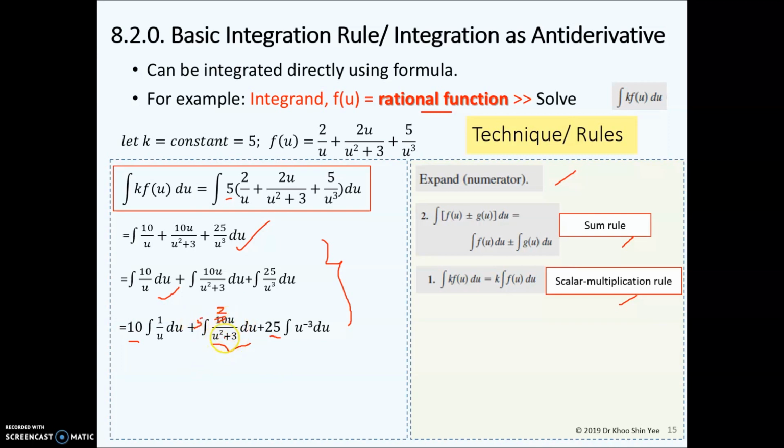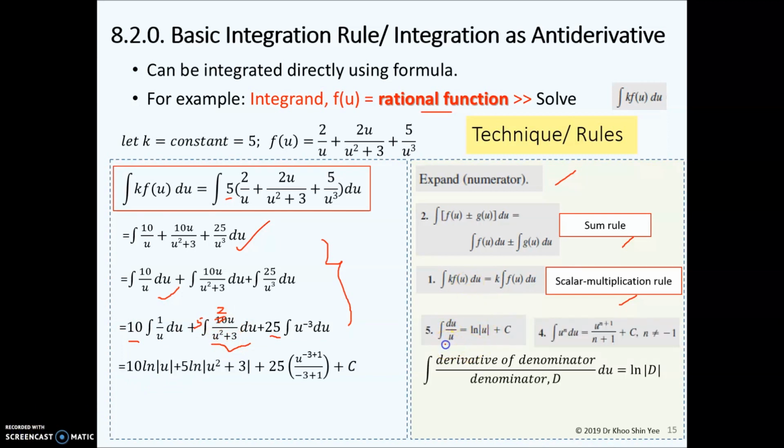This is something relevant to the ln function, where previously if you integrate 1 over u, you get ln u. So if the numerator at the top is the derivative of your denominator, your answer should be in ln.